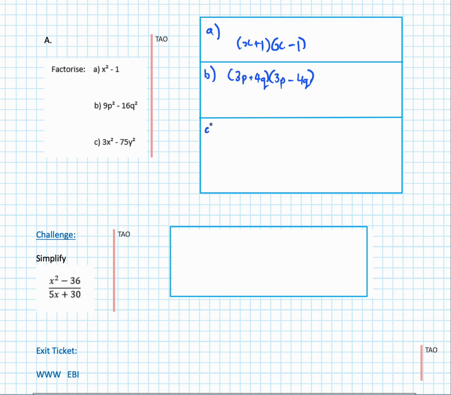And part C will be the same. So if you come across a question like this, have a think. Okay, 3, so 3 goes outside. 75 is not actually a perfect square. So there's something else going on. So what you actually do is you factorize first. There might be a little bit of trial and error with this kind of question. And you'll see it's 25. 3 times 25.